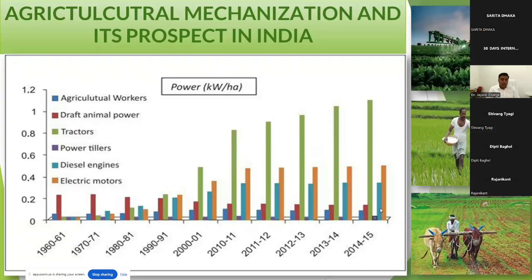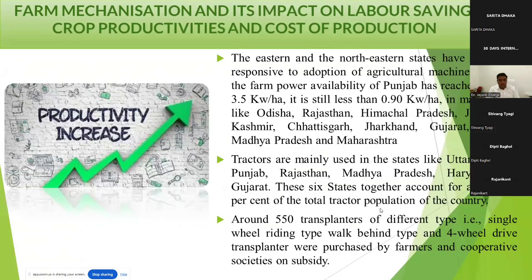For this scenario of agriculture mechanization and its prospects in India, we can say the power availability, as we discussed earlier, then farm mechanization and its impact on labor saving, crop production, and cost of production. Regarding the impact of mechanization on productivity and labor, there are some positive impacts and some negative impacts also. The positive impact is that it reduces dependency on manual labor.